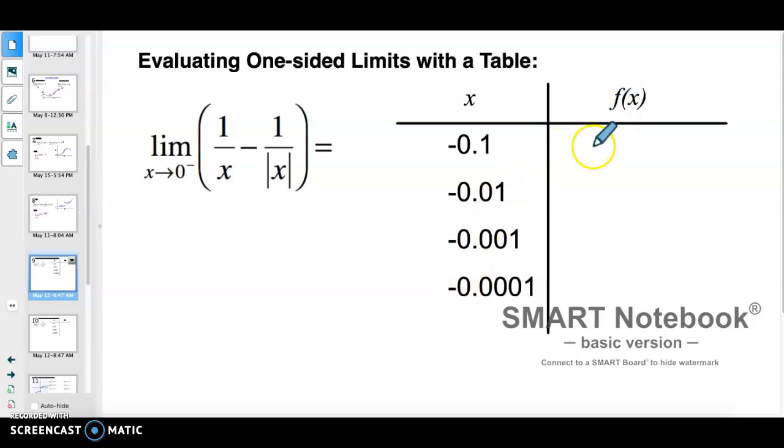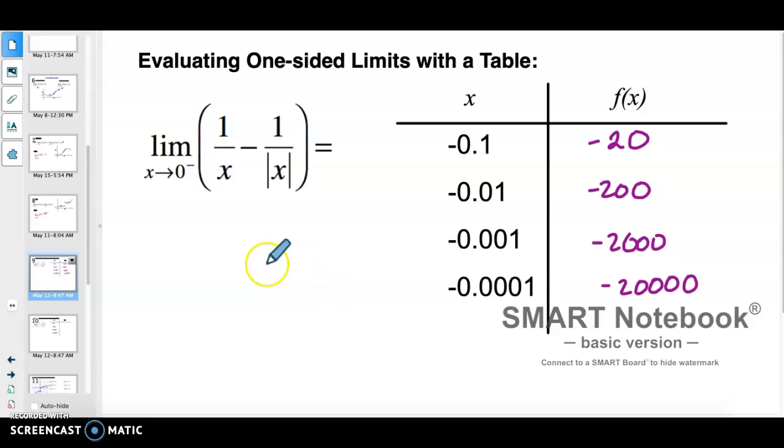In my calculator, when I plugged those in, for the first one I got negative 20, then negative 200, then negative 2,000, then negative 20,000. So that value is just getting smaller and smaller. It's going towards negative infinity. So this limit actually does not exist, and that's because it's going towards negative infinity.